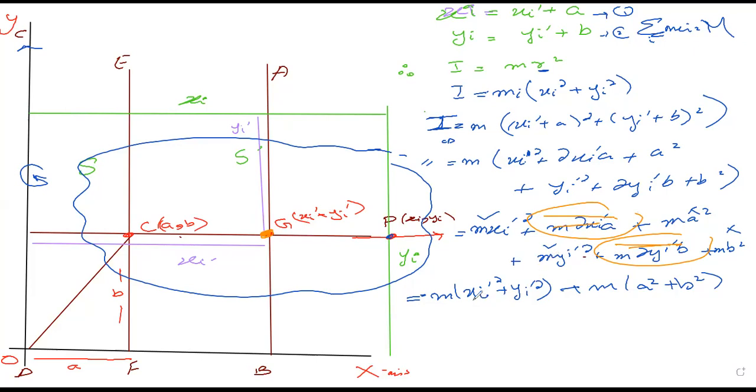And what is this xi dash square plus yi dash square? These are the coordinates of G. So m into, we can write it r square generally, these are the coordinates of G, plus m into a square plus b square.